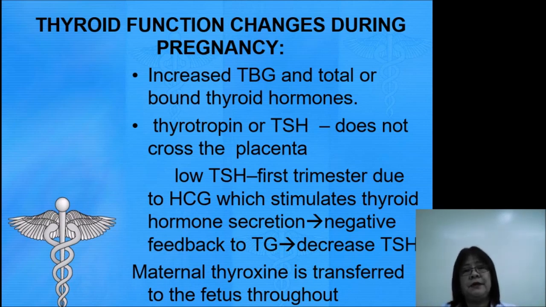So during the first trimester, the low TSH, again, is secondary to the HCG, which stimulates the thyroid hormone secretion, causing negative feedback to your thyroid gland, thus decreasing the TSH. In contrast to your TSH, which does not cross the placenta, the maternal thyroxine is transferred to the fetus throughout pregnancy.